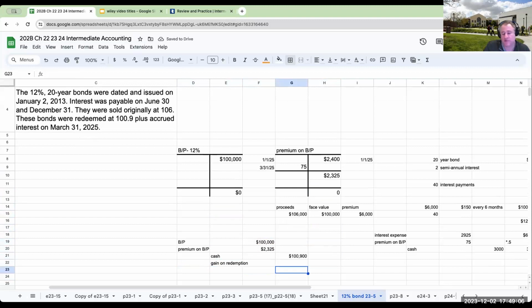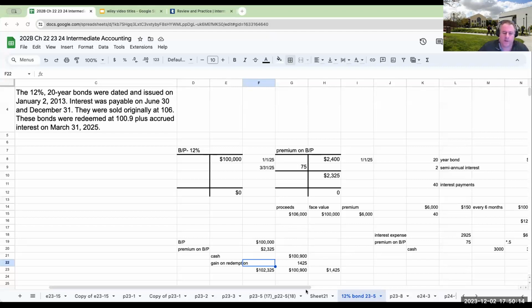Why is it a gain? Because I need a credit to balance, right? So my gain on bond redemption is going to be the difference between these two amounts, or 1,425.